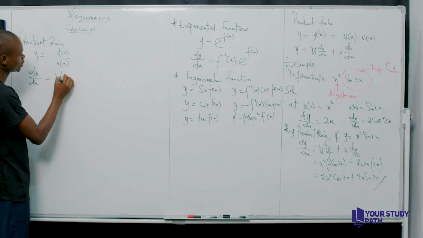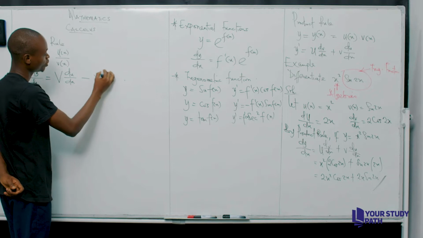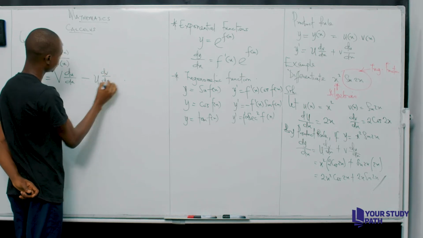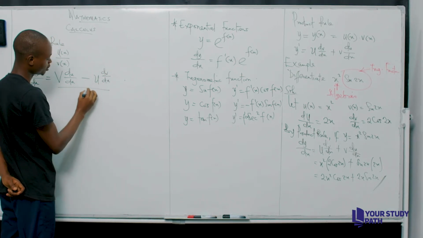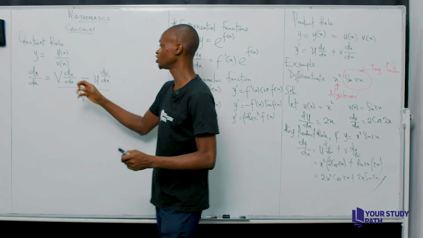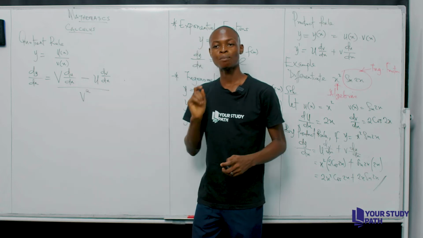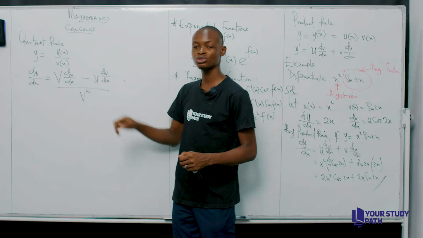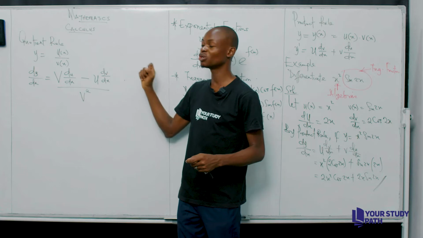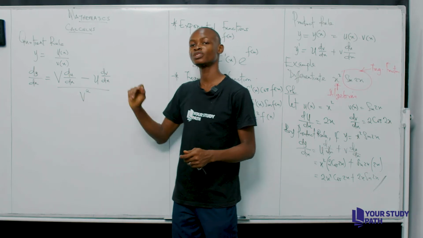So, v du dx minus numerator dv dx, all divided by v squared. That is, hold the denominator first, differentiate the numerator, minus hold the numerator, differentiate the denominator, then divide everything by the square of the denominator.